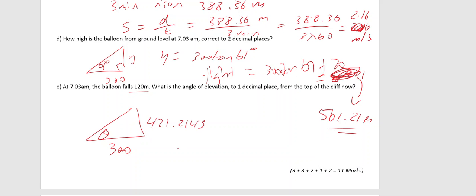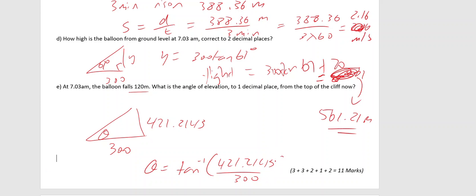421.21. So theta equals inverse tan of, because it's opposite over adjacent, 421.21 divided by 300. So we'll work out what that angle is.